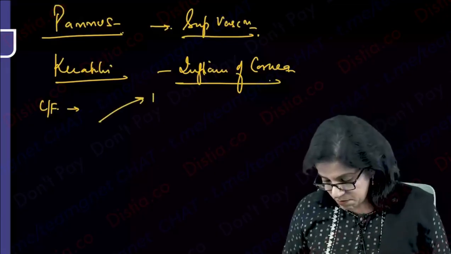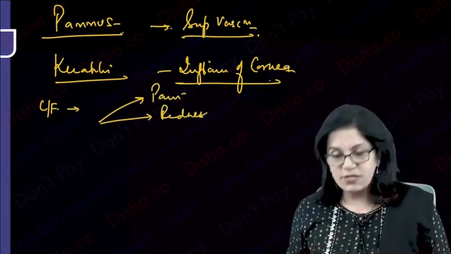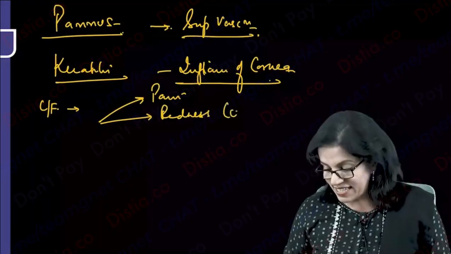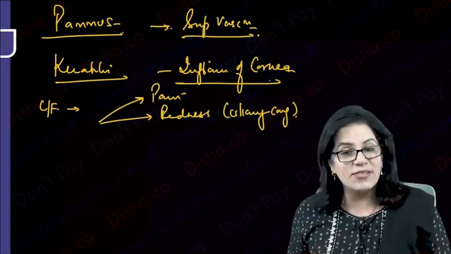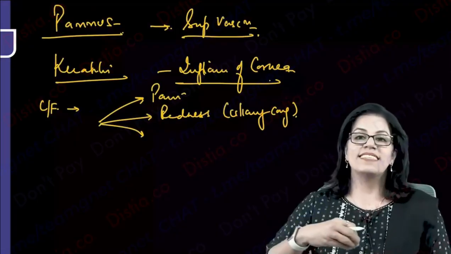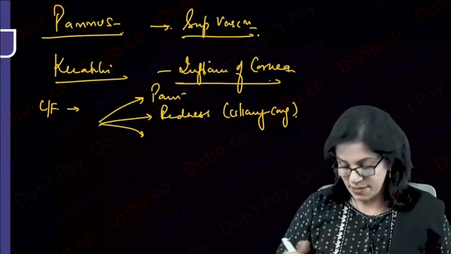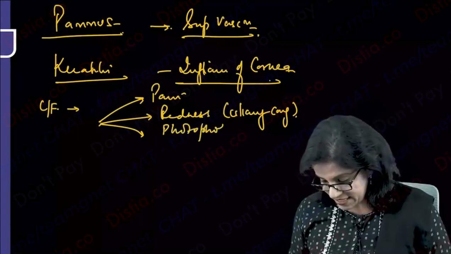So you will always get pain, redness. Which redness? It has to be ciliary congestion. We have discussed this in the conjunctiva chapter also. It is ciliary congestion, meaning the blood vessels around the limbus are deeper vessels and they are straight. Then photophobia, which is intolerance to light, we all know this.